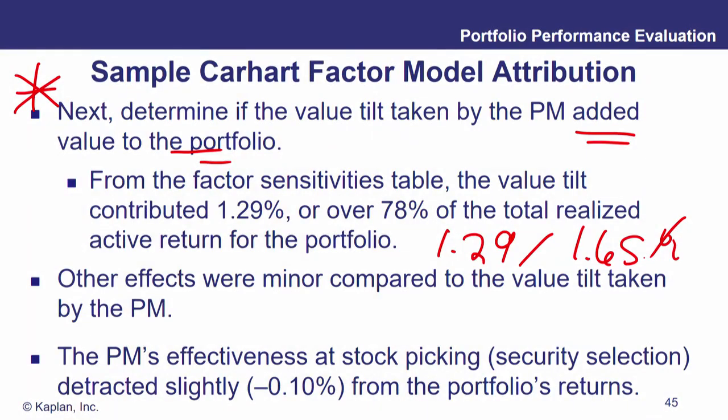The other effects were very minor. And what we also see in the security selection, the portfolio manager's effectiveness at stock picking slightly detracted from the portfolio by -0.10%. So again, the sample Carhart factor model attribution gives us a lot of information.